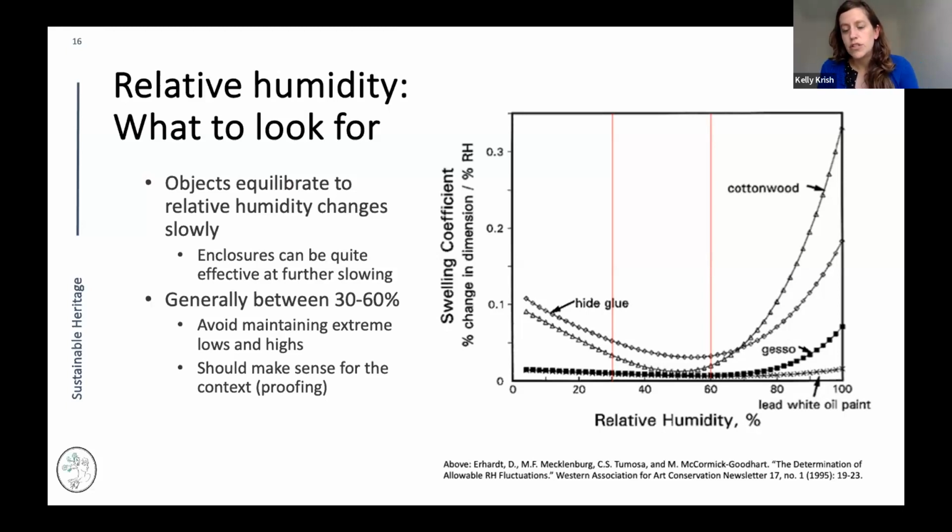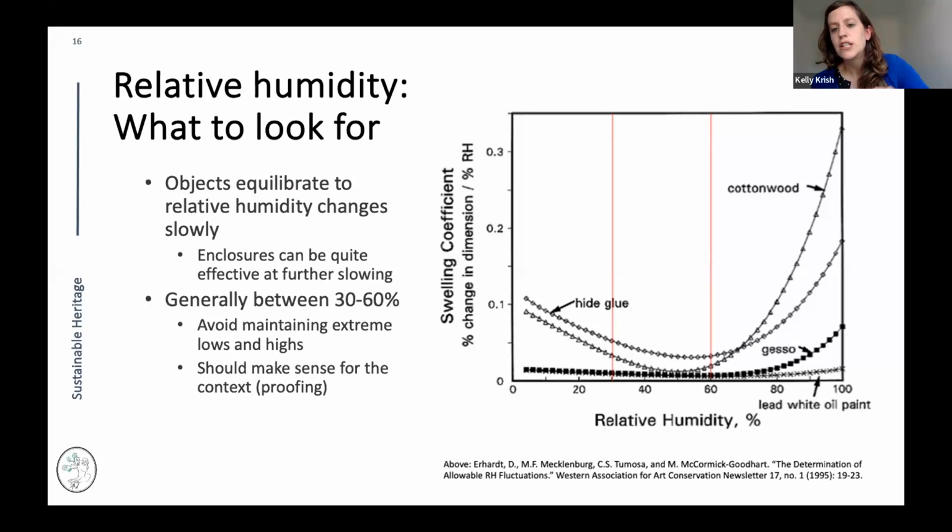And you'll just see, I kind of wanted to explain where that's coming from, but this is some data from a study that was done actually in the 90s. You can see here the response of the different components of a painting to changing levels of relative humidity. The reason that 30 to 60 range is usually selected for collections is that that's where the response is the lowest.